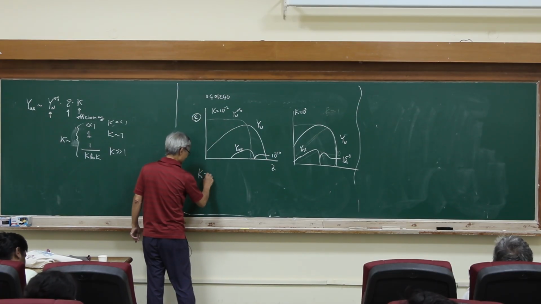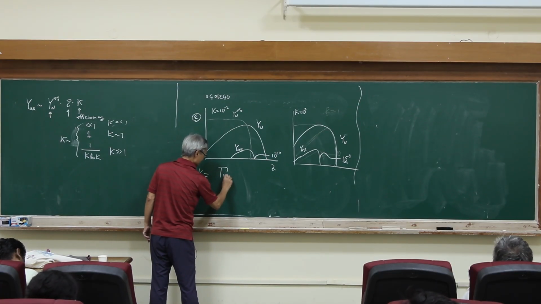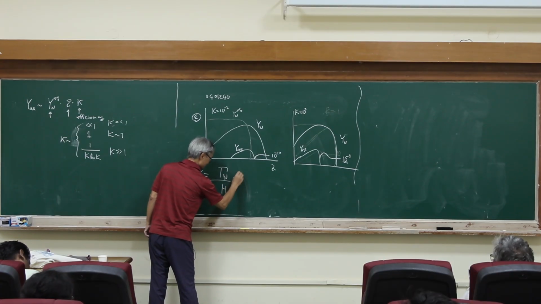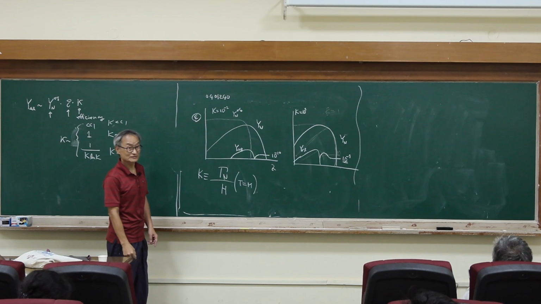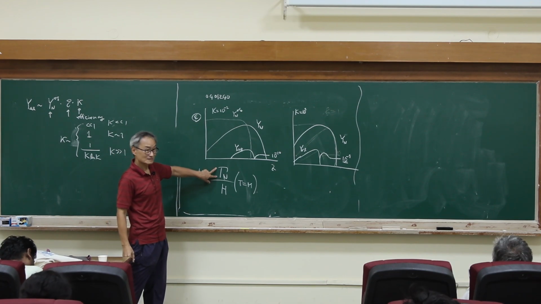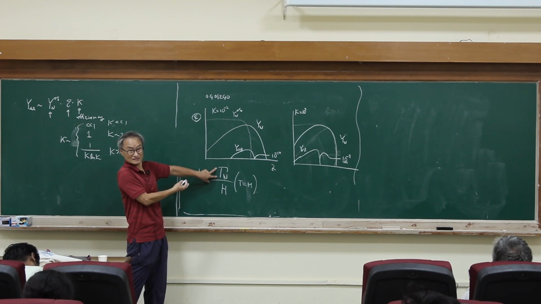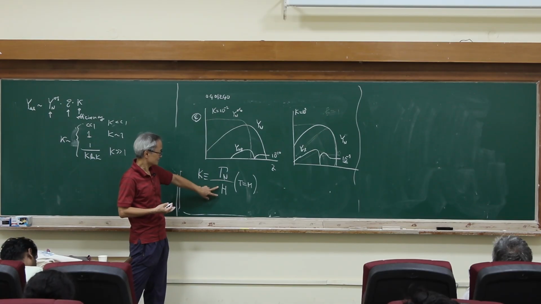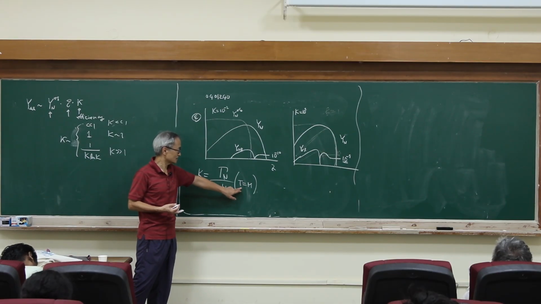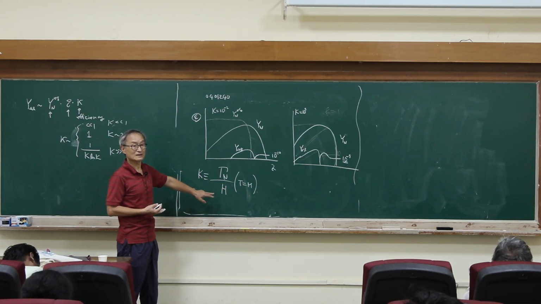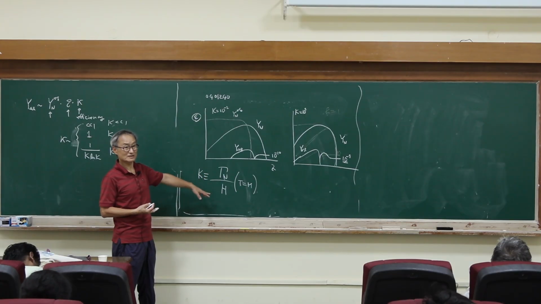K is this ratio: the decay rate, the usual decay rate in particle physics, divided by the Hubble parameter. The Hubble parameter is temperature dependent, so it's calculated at T equal to M, the mass of the right-handed neutrino.